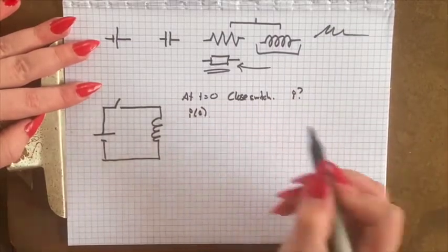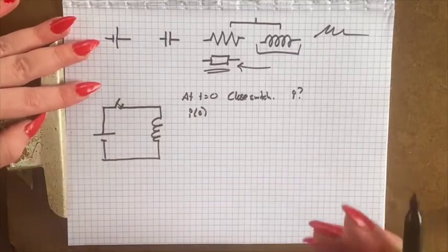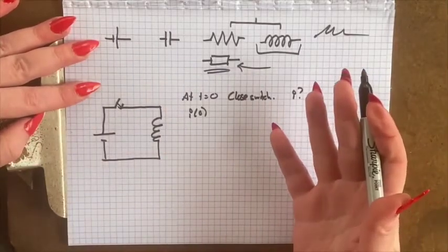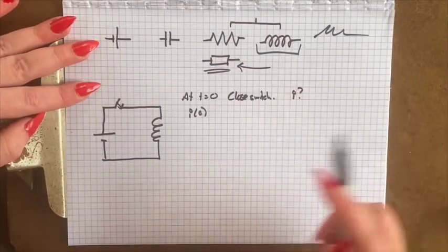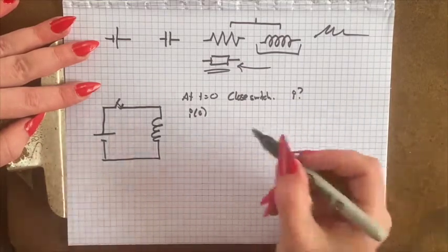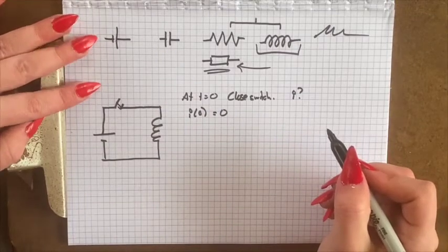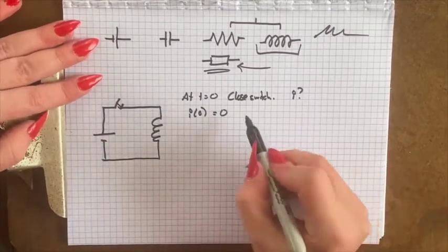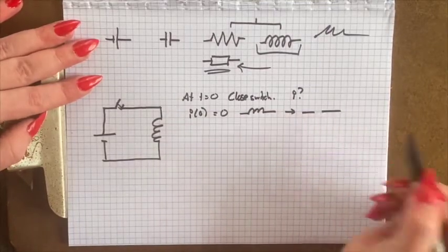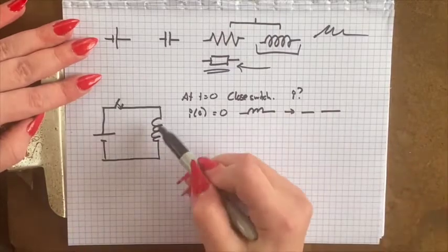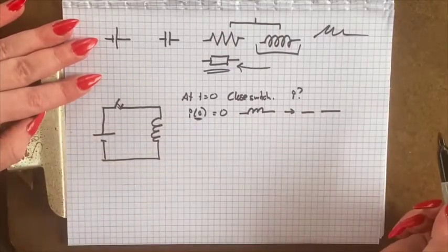What does the inductor want to do? It sees no magnetic flux through itself. It doesn't want to see any change in magnetic flux in itself, so it's going to resist and fight this battery and try to set the current to be 0. In a way we can say that the inductor turns itself into a brake. So our circuit would be replaced here with a broken wire at this extreme when time is equal to 0.